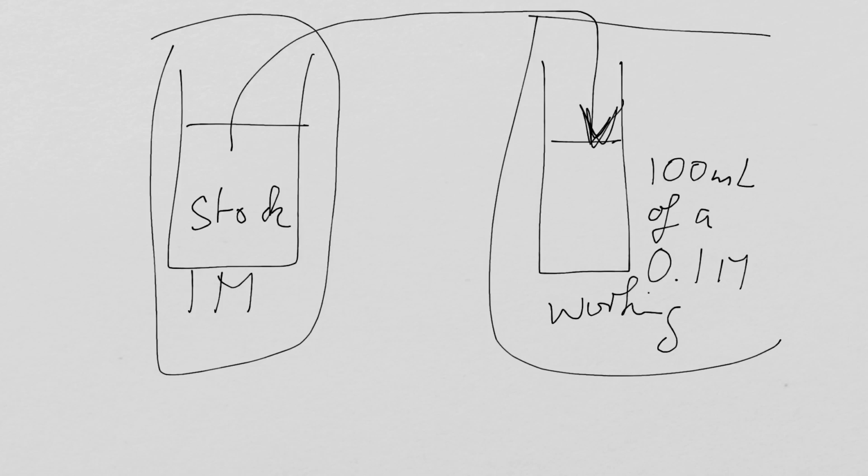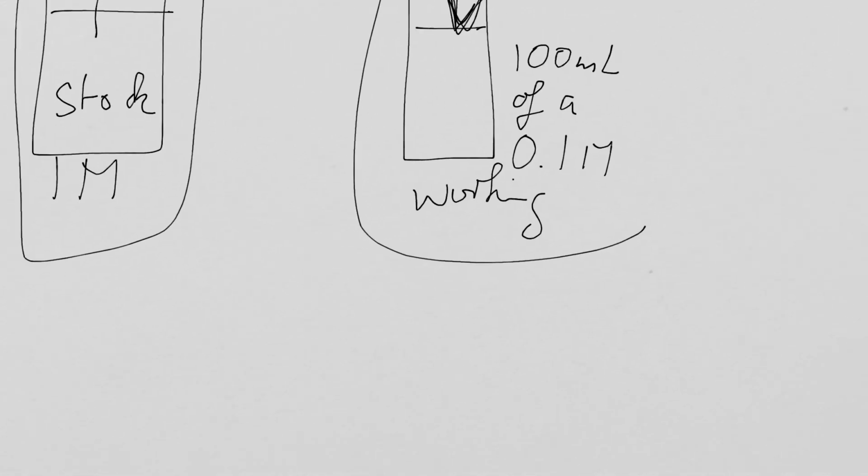Let's say we calculate first how many moles we actually need in our working solution. So how many moles are in this working solution? And of course, we can do that very easily.